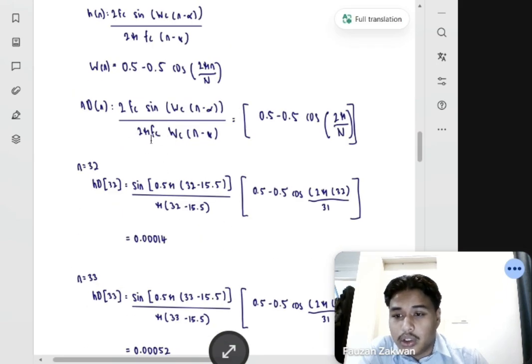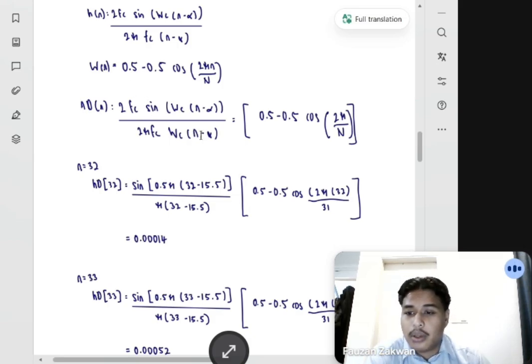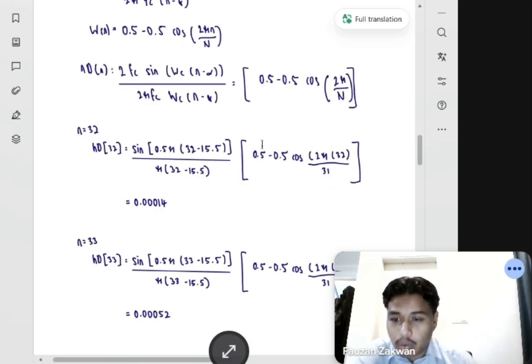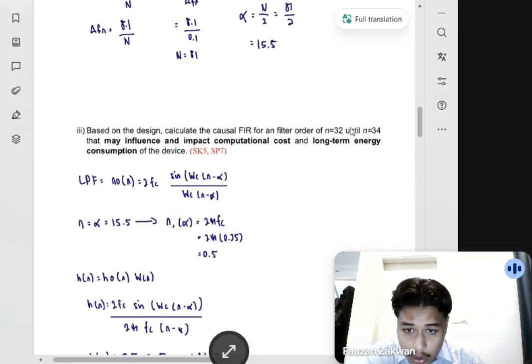So this is the formula: 2Fc sin(Wc(n minus alpha)) divided by Wc(n minus alpha), multiplied by 0.5 minus 0.5 cos(2 pi n over N). First we are going to put N equal to 32 based on the question, which is N 32 until 34.